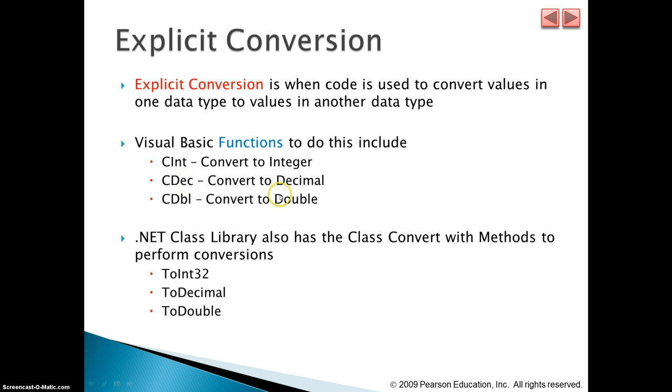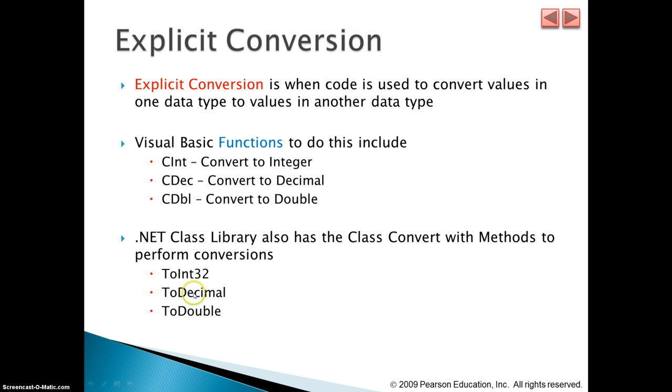In this case, converting it to a decimal or a double. Now the .NET class library also has methods that will do this for certain objects. You have the string, and you do a dot ToInt32.